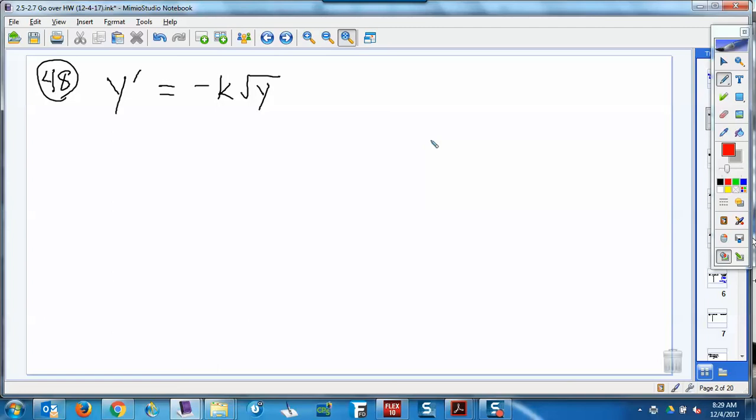Let's read those words. It says, when the valve at the bottom of a cylindrical tank is open, the depth of the liquid in the tank, and I would probably tell you what to call that, maybe, right? I'd tell you to let y be the depth of the liquid.